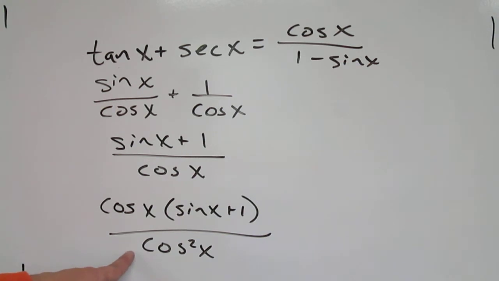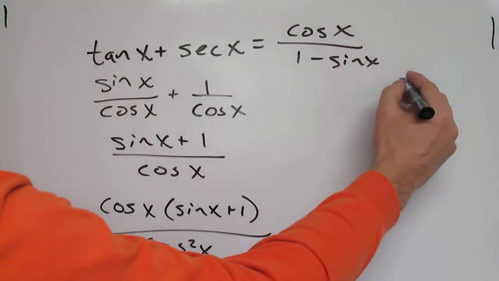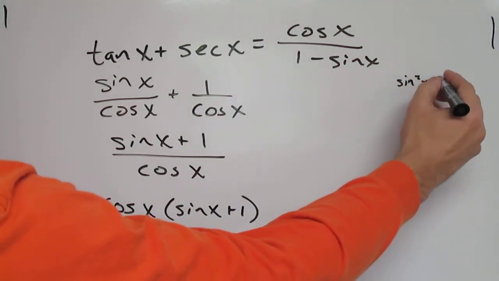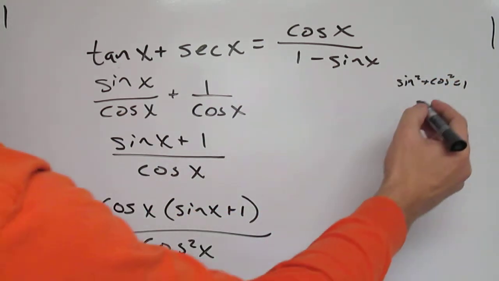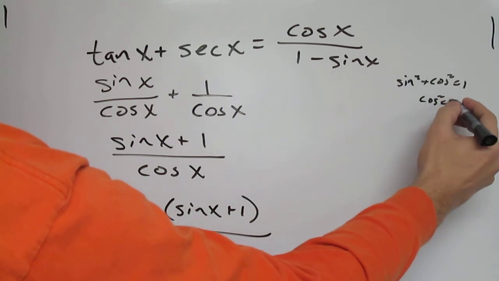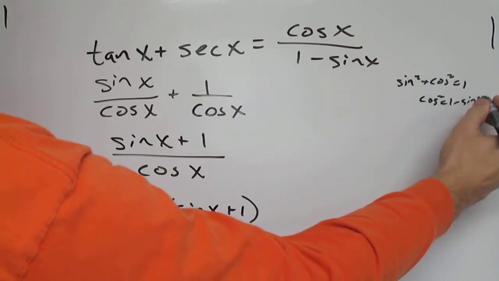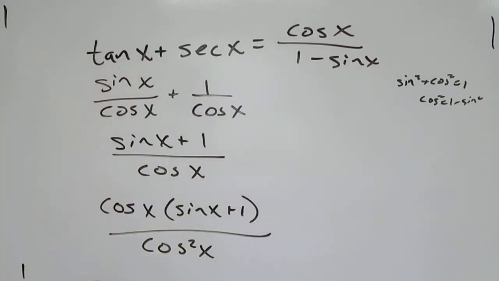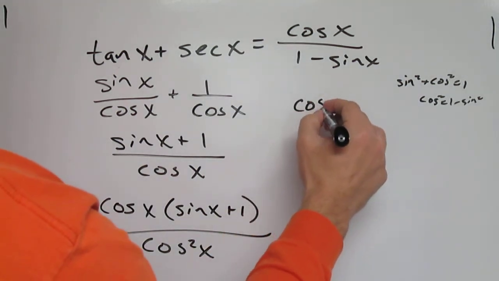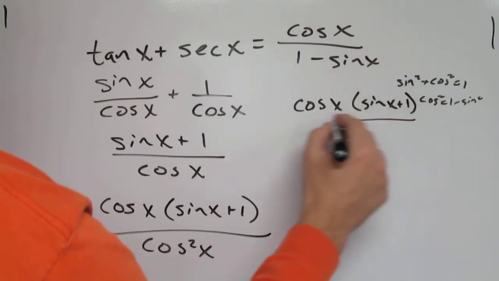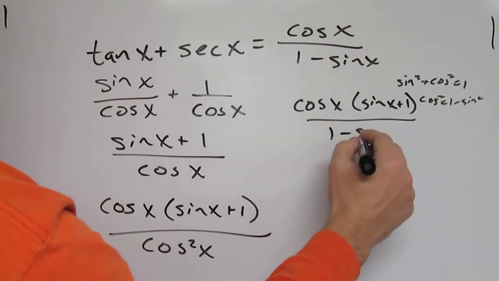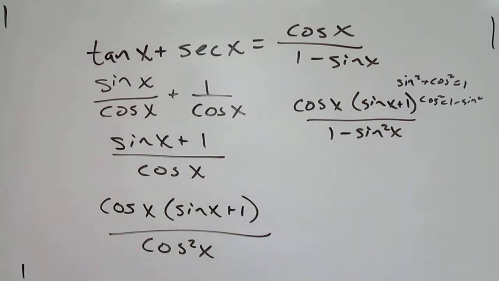Now, based on the trig identities, I never remember if I say sine squared plus cosine squared equals 1, cosine squared is the same as 1 minus sine squared. So I'm going to use that Pythagorean identity to change this into cosine x sine x plus 1 all over 1 minus sine squared x.